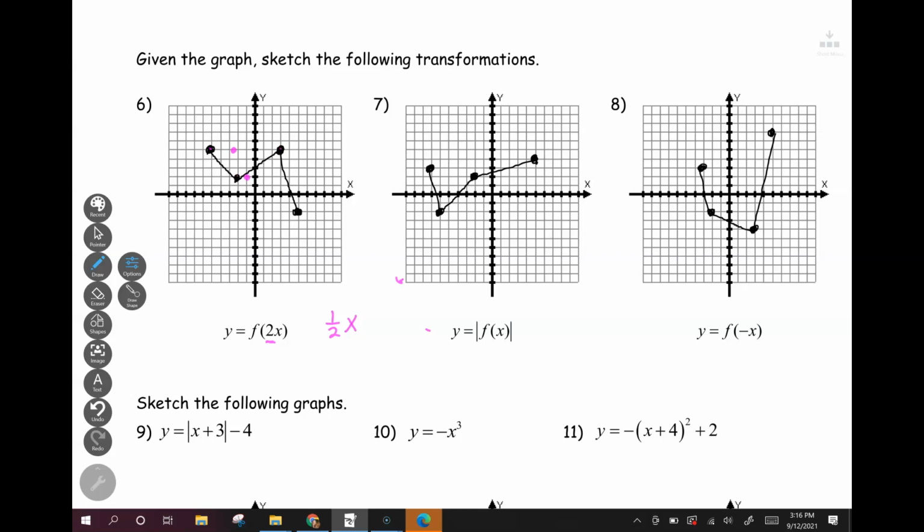Here, the x value is 3. Half of 3 is 1.5. 1, 2, 3, 4, 5. The x value here is 5. Half of 5 is 2.5. So that's your new point. So remember, if it's inside with the x, it affects x, but flip that fraction. Make it 1/2.